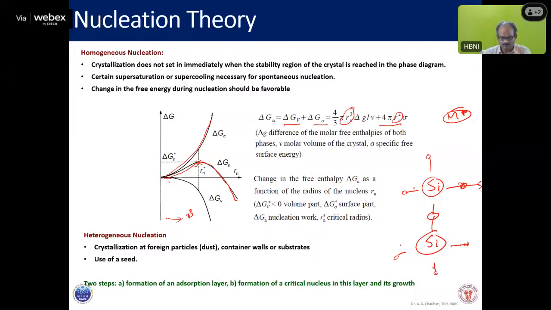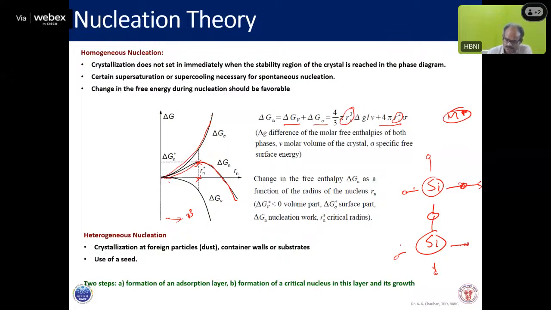All reactions where the energy reduces are most favored. After this point, once you have attained this radius, when the size of the cluster increases, the energy reduces, and therefore this is a favorable state.